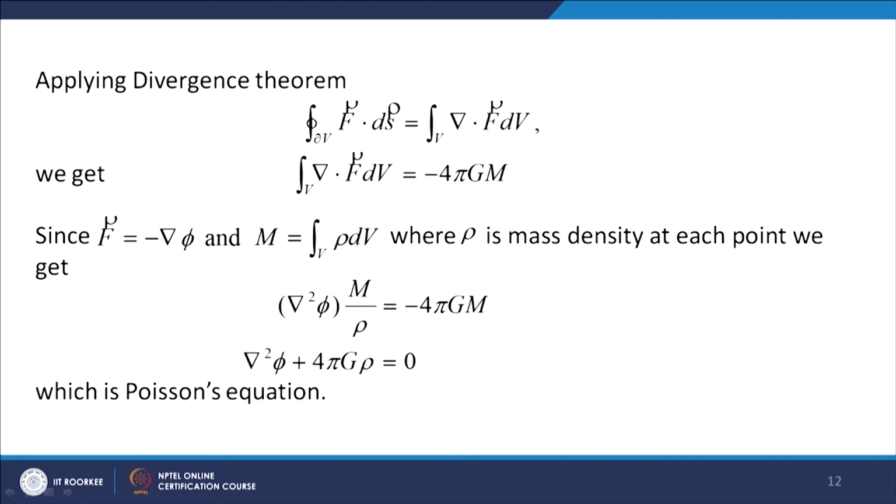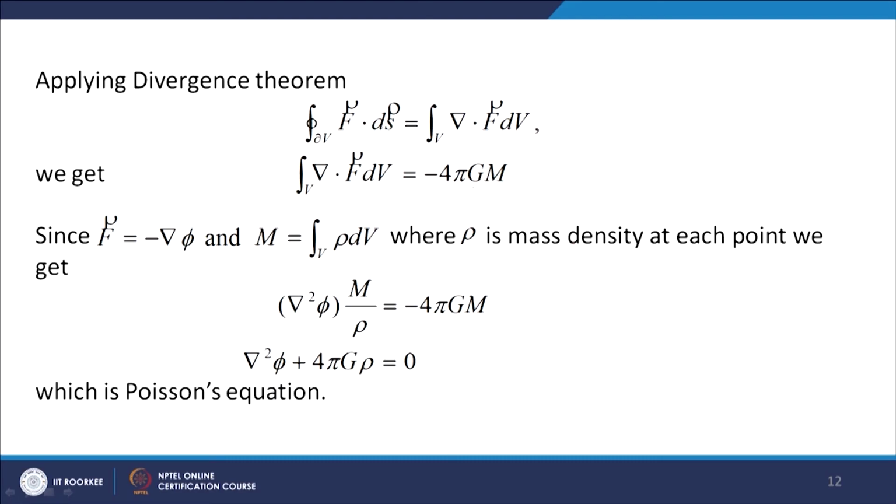Now, F is equal to minus grad phi, and m is equal to the integral over B of rho dV, where rho is the mass density at each point. Then we get rho, del square phi into m by rho.